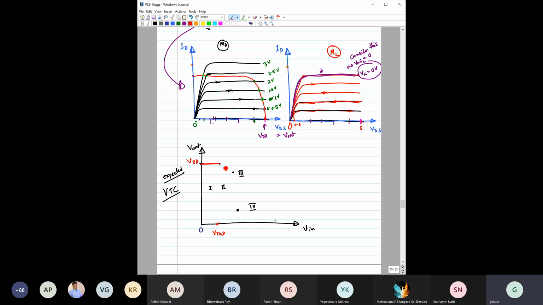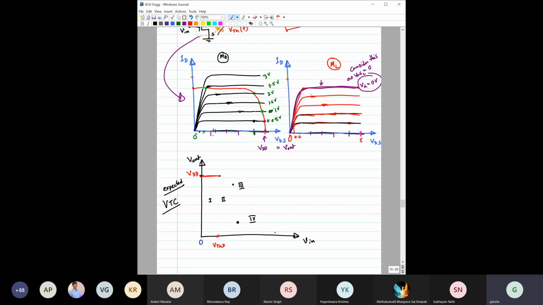Okay, then what will happen? After that it will fall. Because a small V change gives a high current change. Not really. Till now, till this region, we are still at this point, right? Yes.